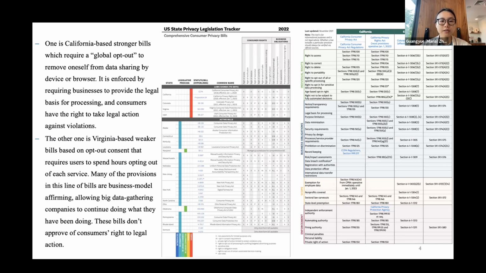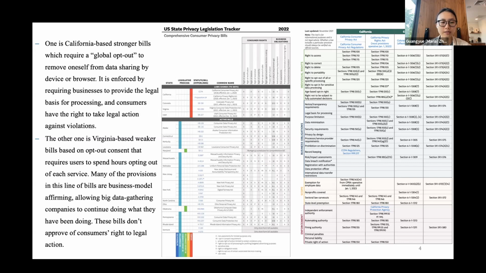The other line of law is the Virginia line, which has weaker regulatory scrutiny. You basically provide opt-out consent, but it does not necessarily have to be global. So you have to go see the detailed consumer privacy policies of each website, and you have to spend hours to opt out of these services.